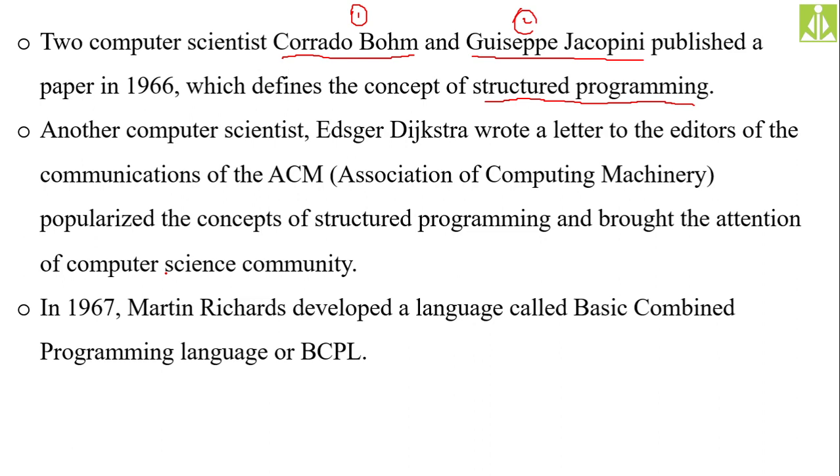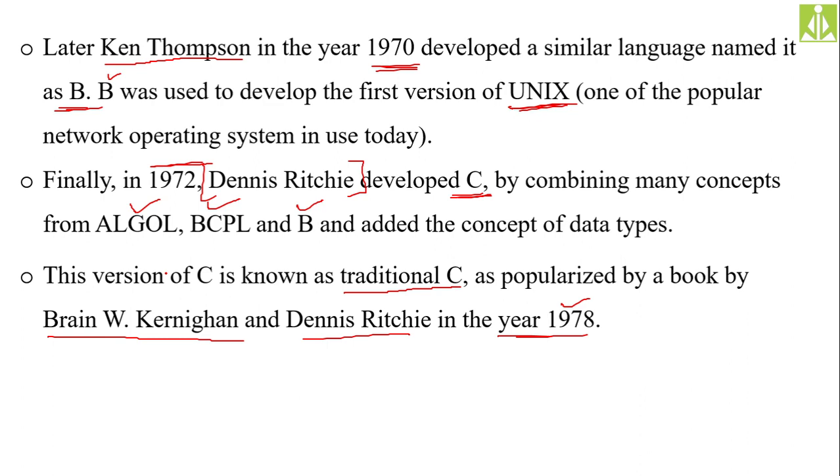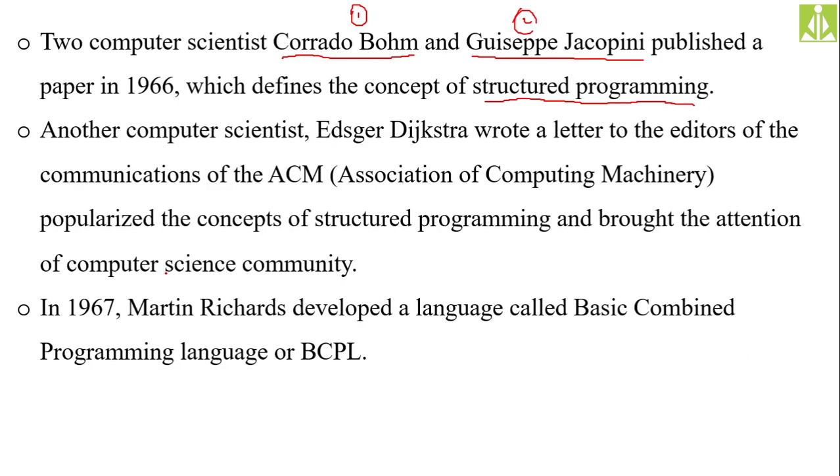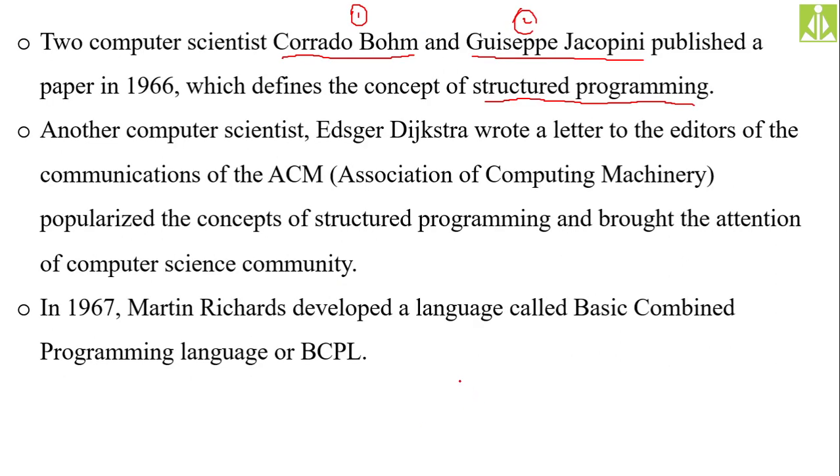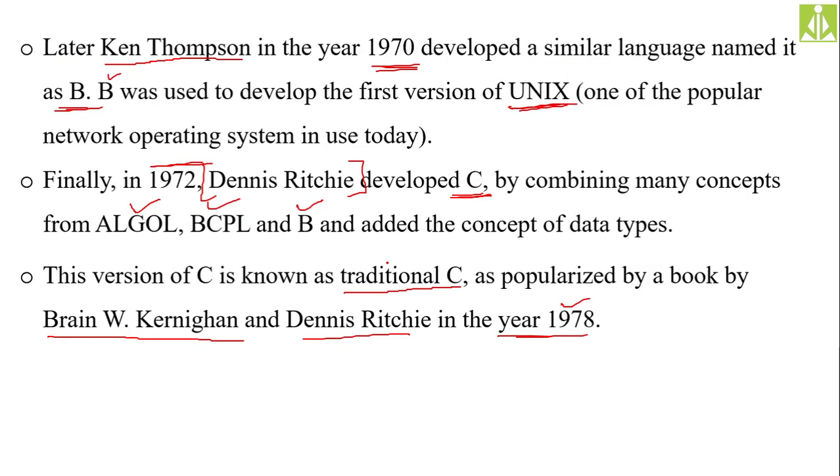It also took a few concepts from BCPL and from B. So now you might understand why they gave the name C. There was already a language called ALGOL, which you can consider the A language. From ALGOL we got BCPL, and from BCPL we got B.